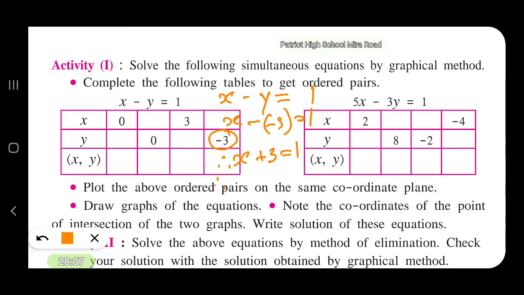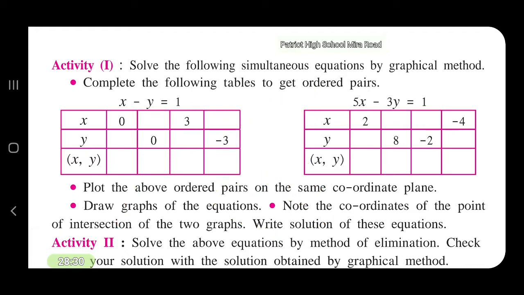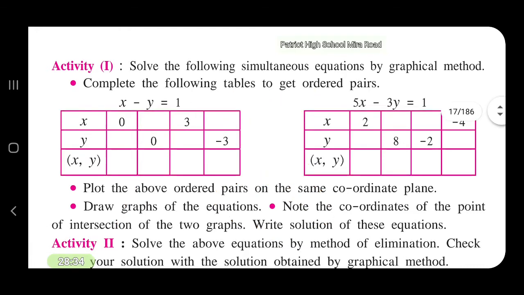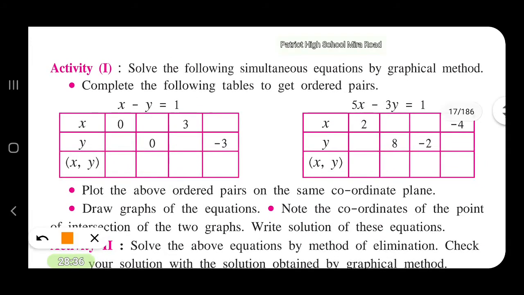Therefore x is equal to 1 minus 3, that will be x is equal to minus 2. So for y is equal to minus 3, you have x is equal to minus 2.